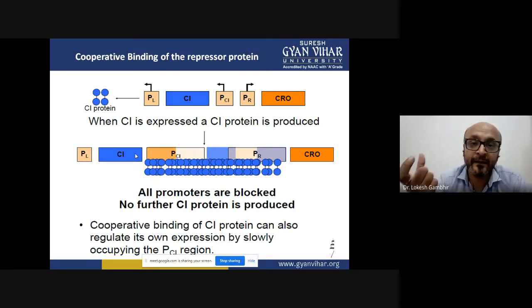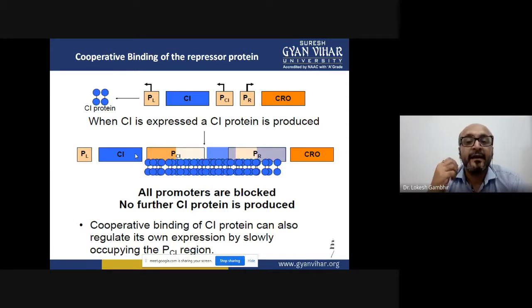On the other hand, if OR3 is mutated, that means the PC1 has the mutation. So will it bind to RNA polymerase? Yes, if the mutation permits and there is good binding of RNA polymerase, it can still cause the expression of C1 protein.